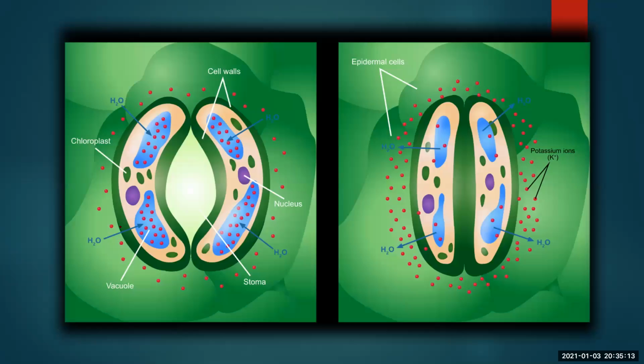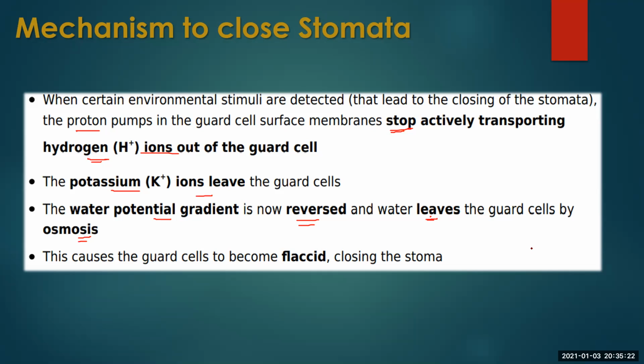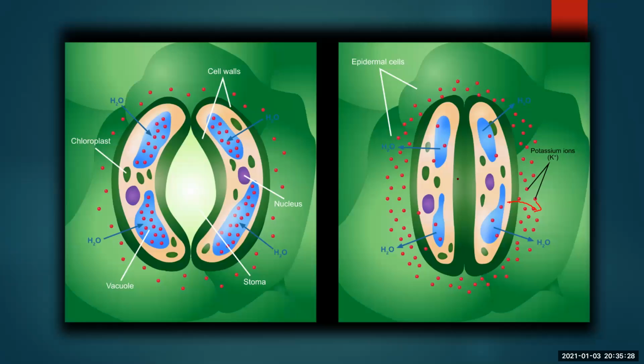So just have a look at this diagram here. As potassium leaves, water also leaves, and this causes the guard cells to become flaccid, closing the stoma. So you can just see the difference here in this diagram, and then look at the difference here in this diagram.